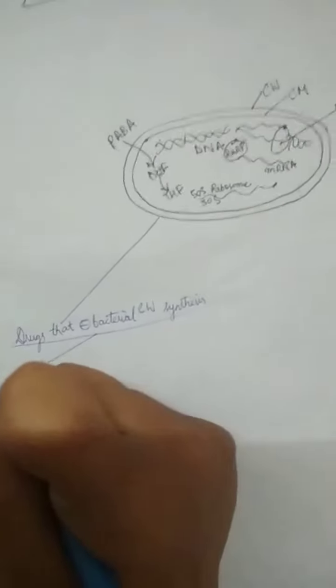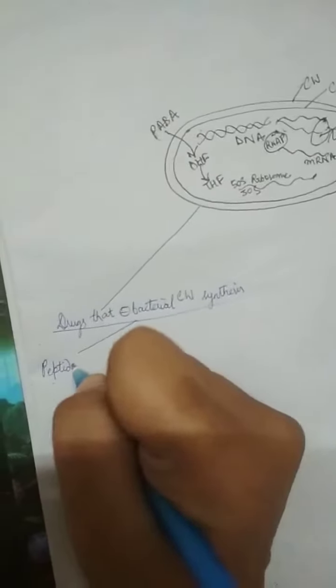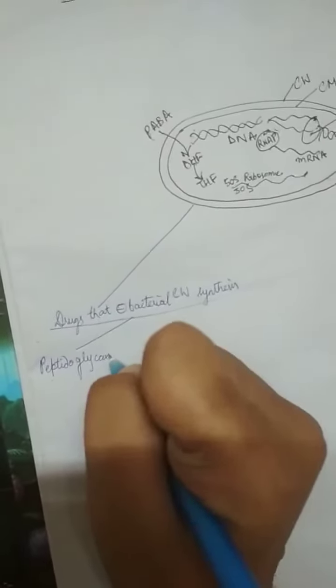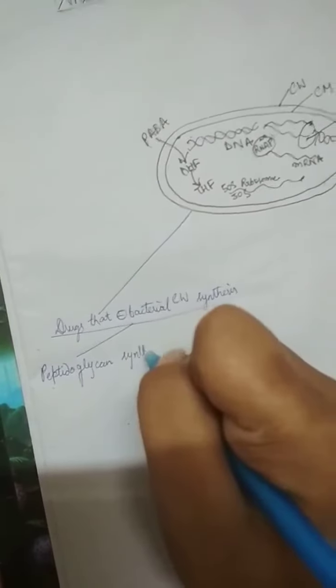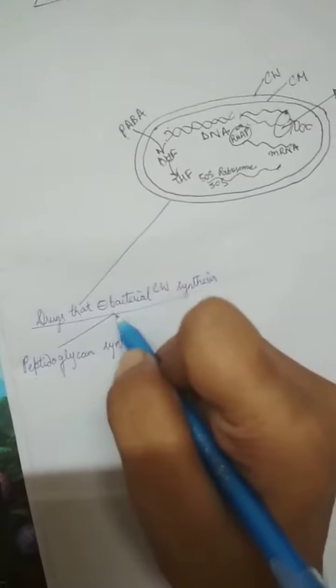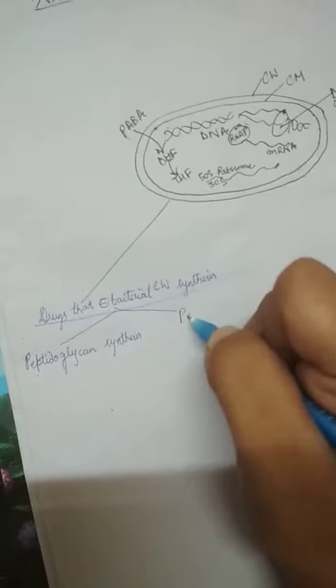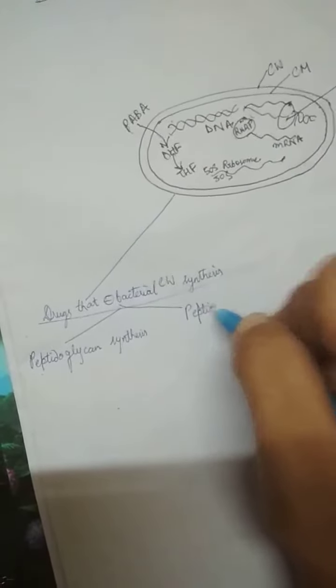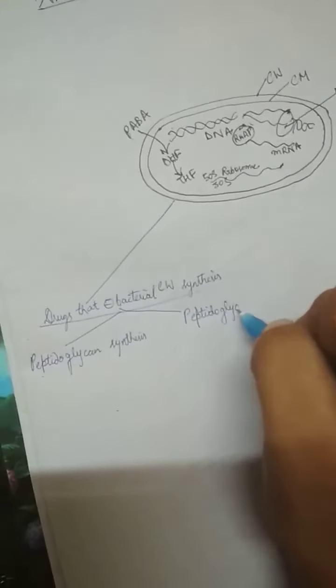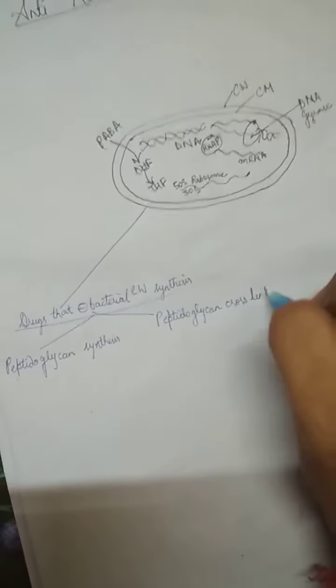There are two types. Some that inhibit the peptidoglycan synthesis, and some that prevent the peptidoglycan cross-linking. Peptidoglycan cross-linking.